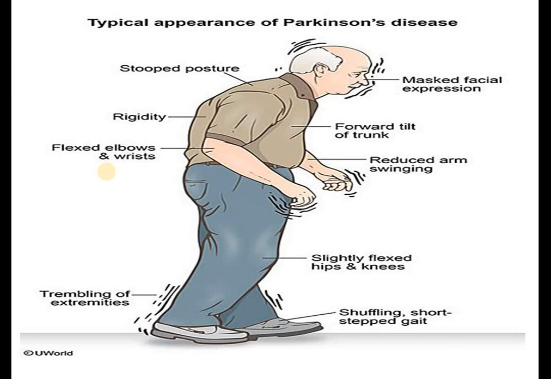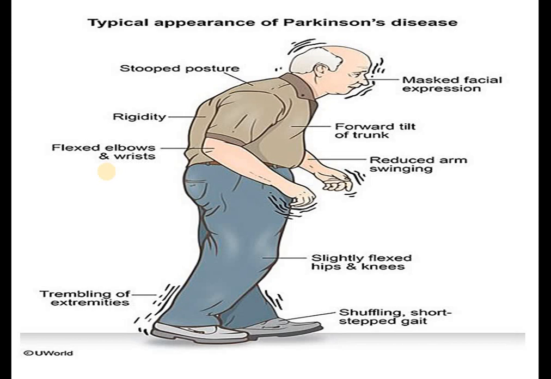So muscular rigidity means it is not flexible. Stooped posture, then masked face expression, rigidity, forward tilt of trunk, then fixed elbow and wrist. The elbow will be fixed. In a normal person the elbow is not fixed, I can move it freely. Those patients who have Parkinson disease, their elbow will be fixed.